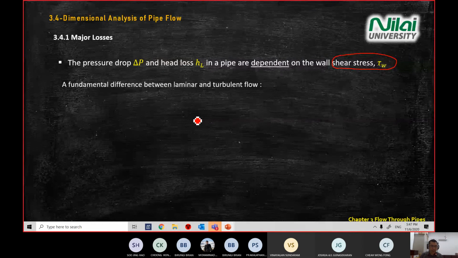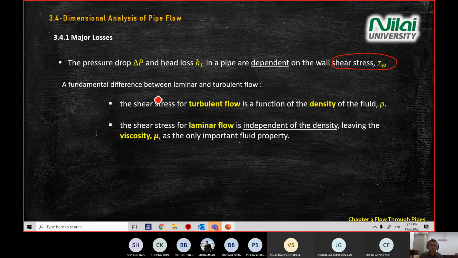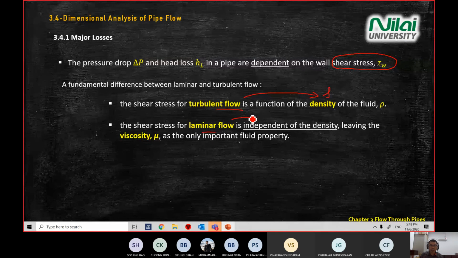And fundamental differences between laminar and turbulent flow. This is question 29. Straight away I give you the answer. Laminar flow is based on the viscosity. Laminar doesn't care about density.